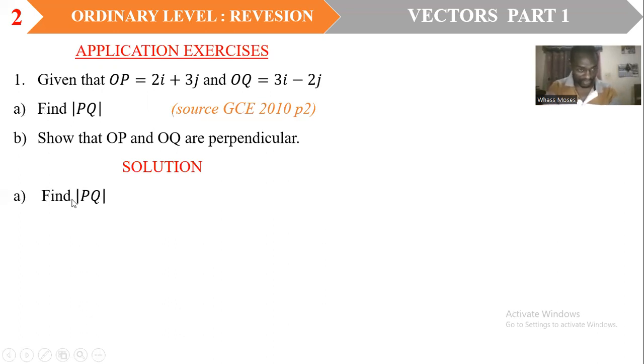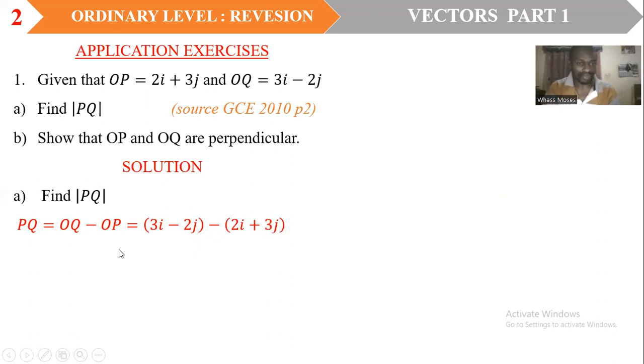A says we should find the magnitude of PQ. PQ is a vector, so we first of all find the vector PQ, which will be OQ minus OP. Your teachers must have already explained this to you in class. Now, we know that OQ is 3i minus 2j, minus OP, which is 2i plus 3j.